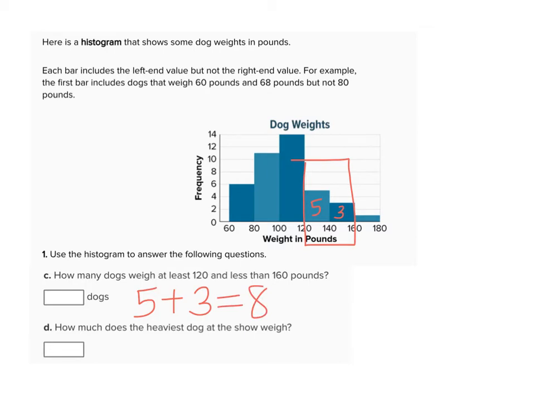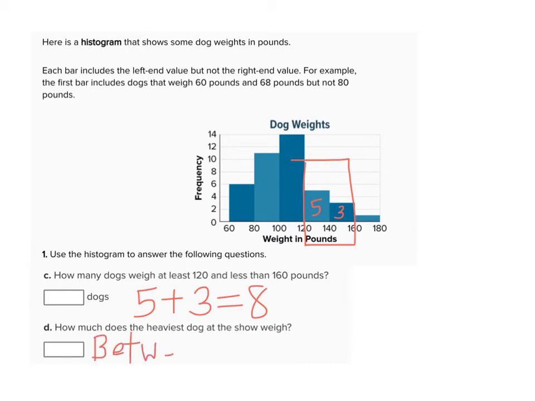All right, next question. How much does the heaviest dog at the show weigh? Okay, this is another where I'd like to know exactly how much, but I don't know. I know that heaviest dog, that one dog is in this bar. So I know that that heaviest dog weighs at least 160 pounds up to 180 pounds. So I can't say for sure what the weight is, but I can say the following.